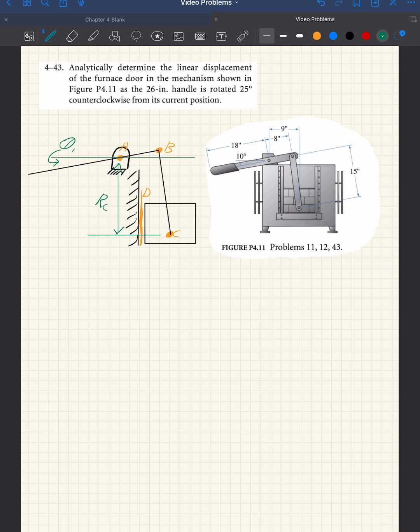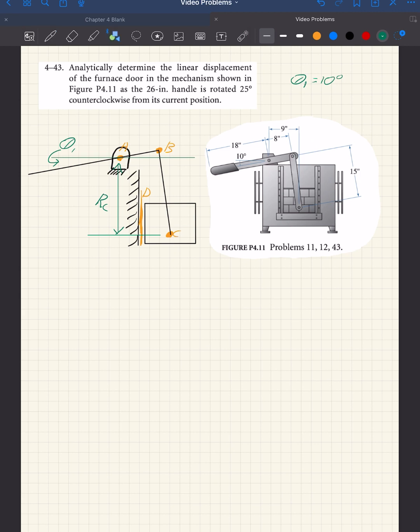So let's look at solving RC in our initial configuration where theta 1 is equal to 10 degrees. The first thing that we probably need to solve is the angle in which this bar BC is oriented.